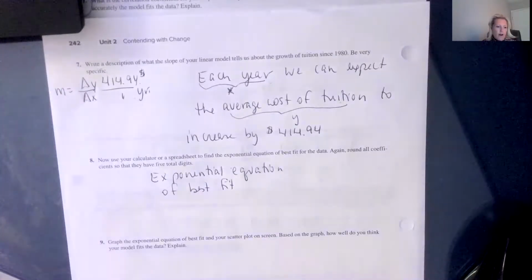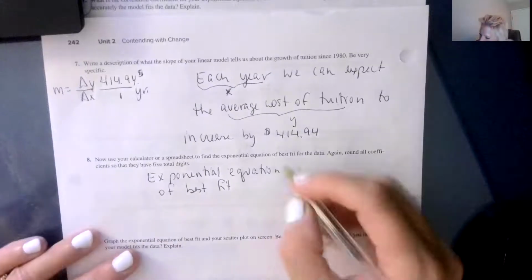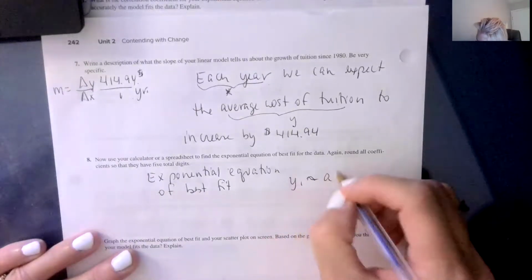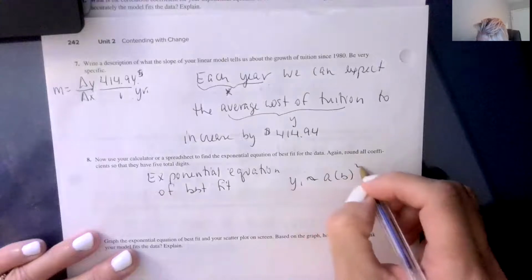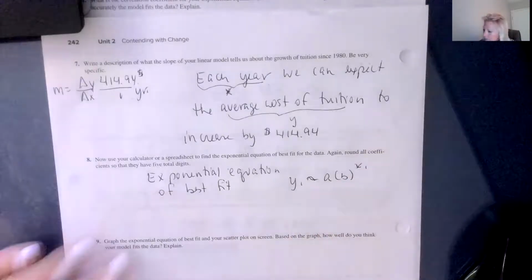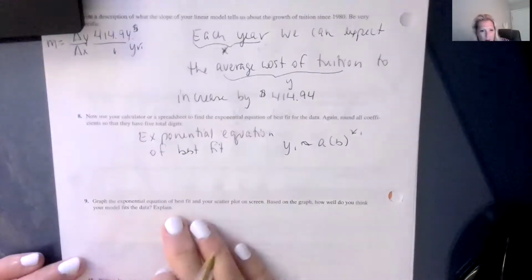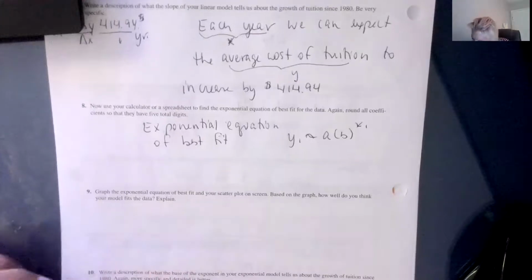And a quick reminder of how you're going to type that in. So that's going to be y1 tilde a times b, and then in the exponent, it's x1. Okay. We're going to go to Desmos and do that. And it's going to ask us to put that over the line, which Desmos automatically does.